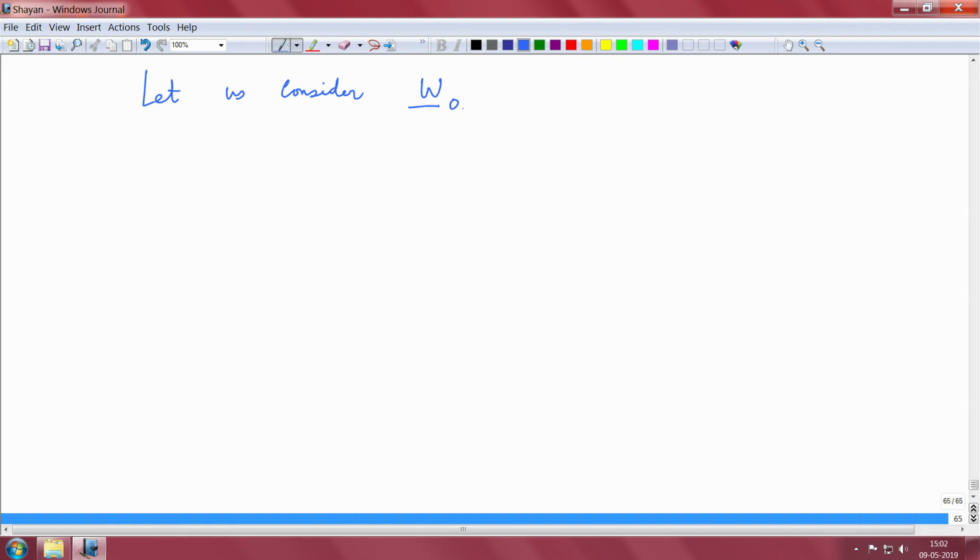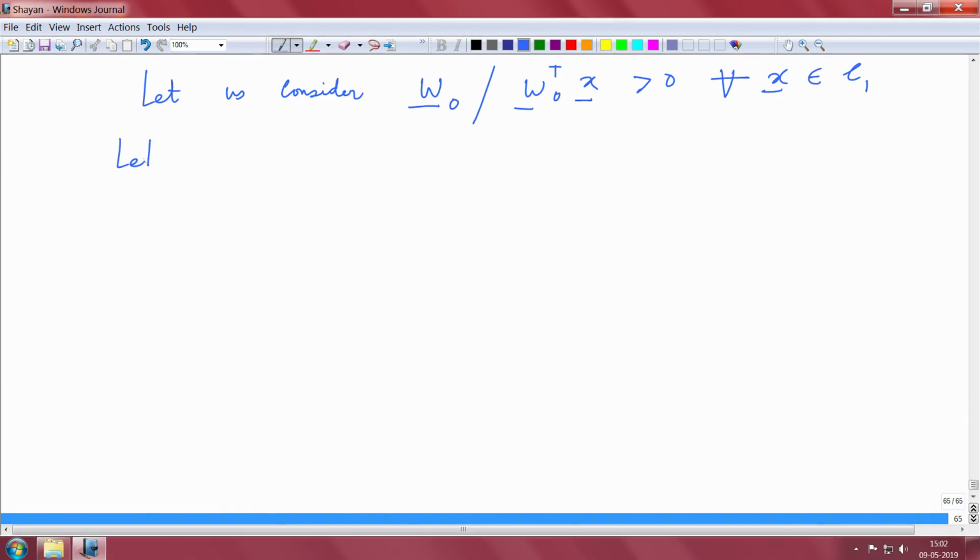I will say W naught, the naught is in the subscript, right. Let us consider a W naught such that W naught transpose x is greater than 0 for all x belonging to class C1.